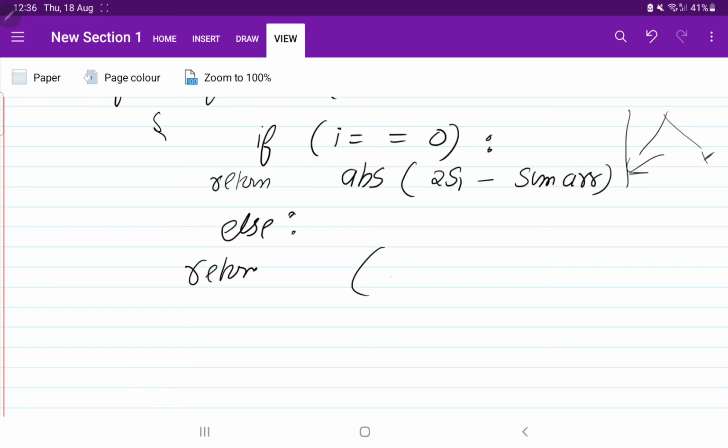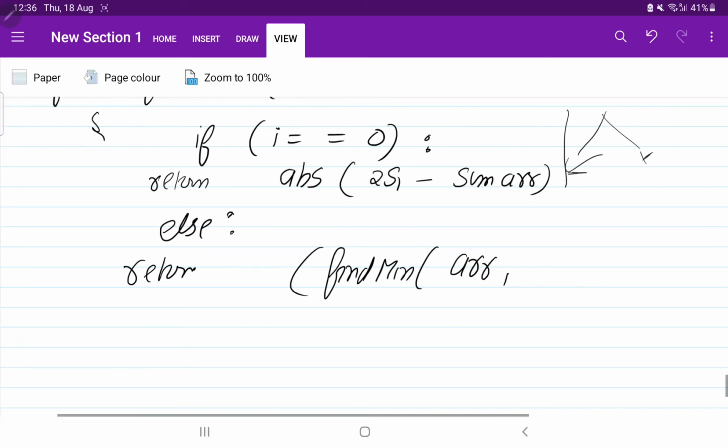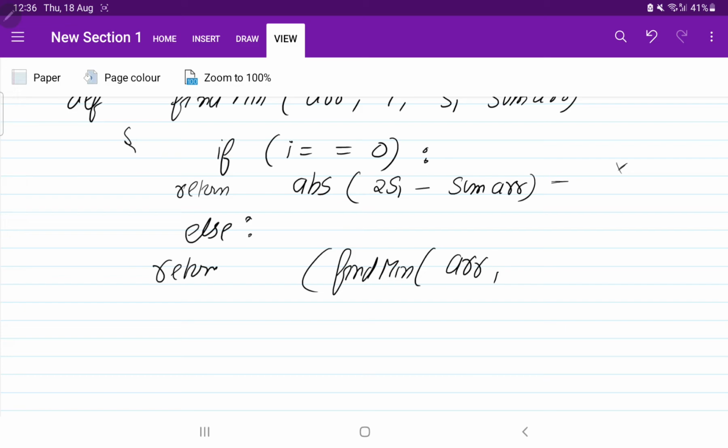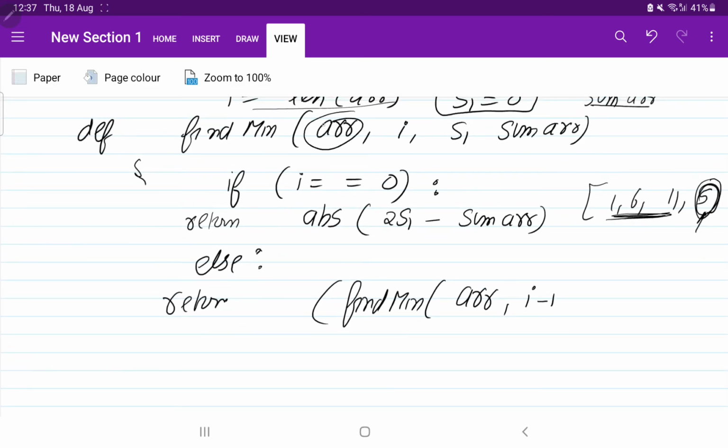We can call this function find minimum with array. We have the elements 1, 6, 11 and 5. If we have taken the decision on this 5, the size of the array will be decreased, so it will be I minus 1. The array will be the same but the size will be decreased now, because we have already taken the decision on this 5.